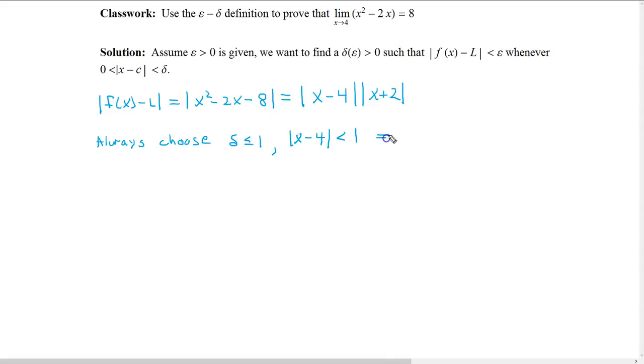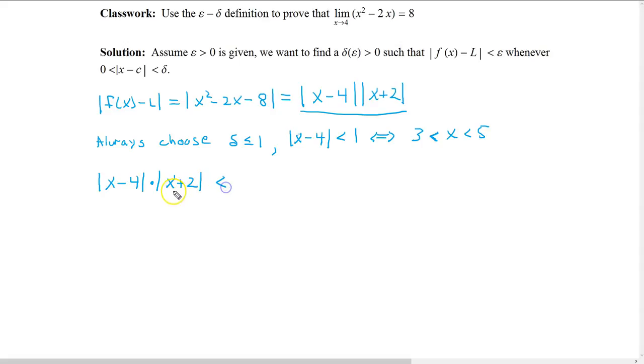And that is the same as saying that x has to be within 1 unit of the number 4, so x can be between 5 and 3. So x is always going to be between 3 and 5 from now on.